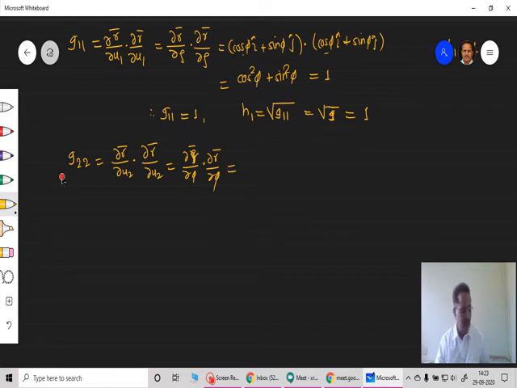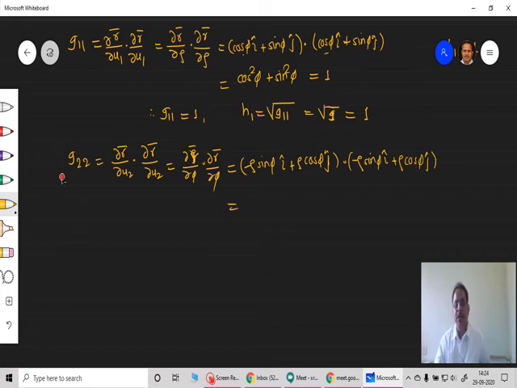The vector was minus rho times sin phi times i cap plus rho times cos phi times j cap. This is my second vector, dotted with the similar vector, minus rho times sin phi i cap plus rho times cos phi j cap.